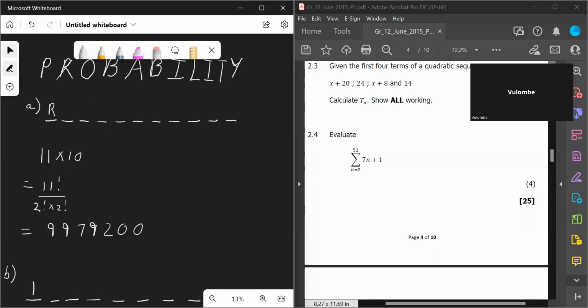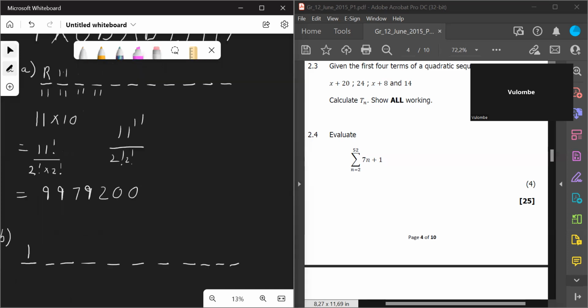That means we worked this one out incorrectly, because if repetitions are allowed, it's 11 times 11 times 11, each one has 11. So your sum would actually be 11 to the power 11 over 2 factorial and 2 factorial, because for each letter you have 11 choices, all the way through. Are you with me?